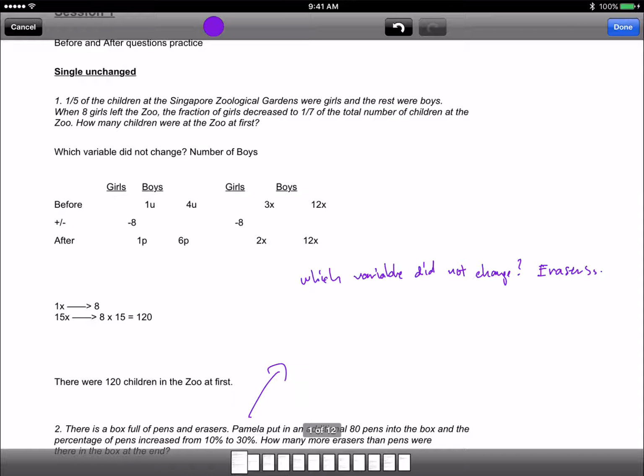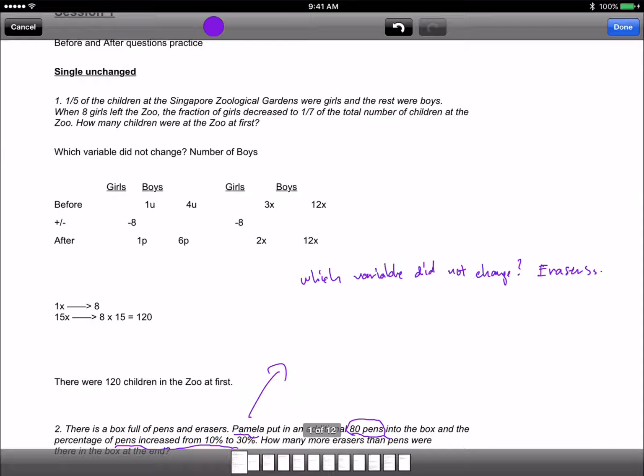How do I know that? Because Pamela put in additional 80 pens into the box, so only the number of pens were added into the box.